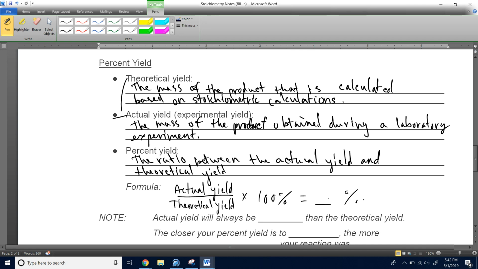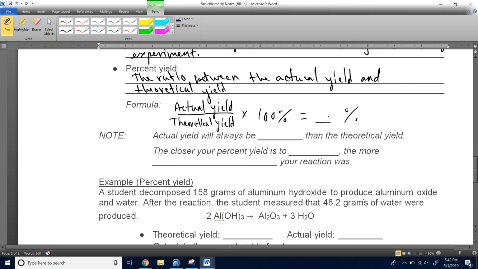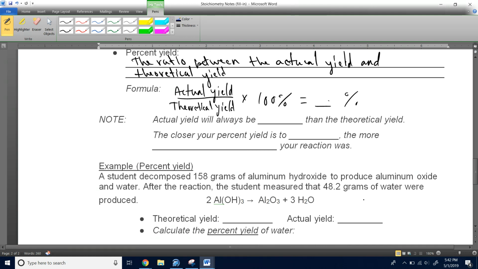Okay, and here's a simple note that you should have. The actual yield will always be lower than the theoretical yield.